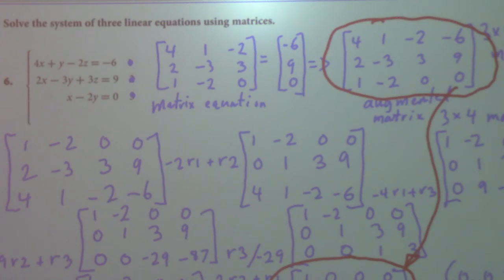But your calculator, when done right, takes how much time to do this? It takes a minuscule fraction of a second, once you have it entered properly. And so the challenge really is entering it properly and interpreting your final answer. That's the challenge of this.